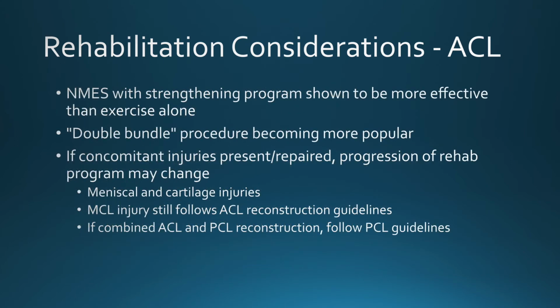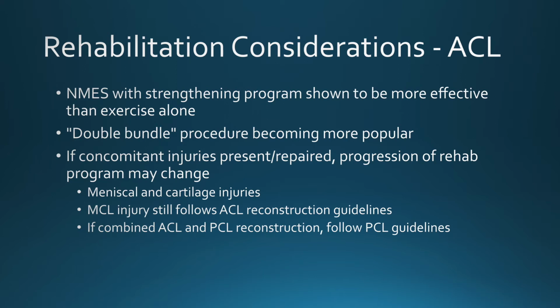Further considerations in ACL management, high-intensity neuromuscular electrical stimulation with strengthening program has been shown in research to be more effective than using exercise alone. Also, a double bundle procedure is becoming more popular. The goal of the double bundle procedure is trying to more closely replicate the true biomechanical properties of the original ACL.